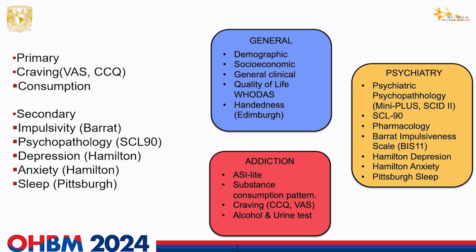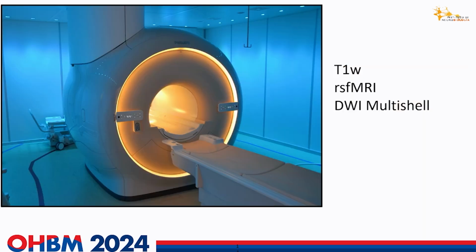We had two main primary outcomes, which were craving and cocaine consumption. And secondary ones, we have a lot of them, including impulsivity, which is seen in cocaine use. And we also have a lot of different variables that we wanted to acquire. And this is also for use by everyone.